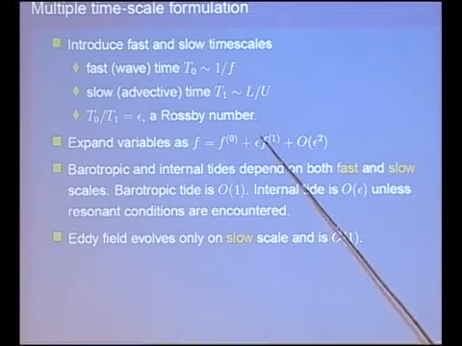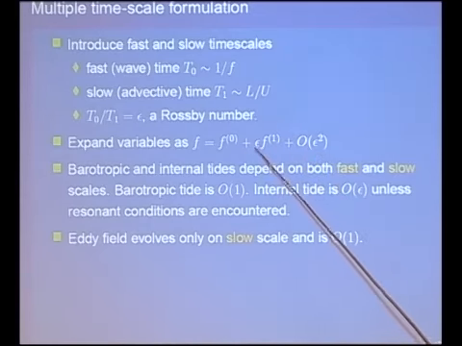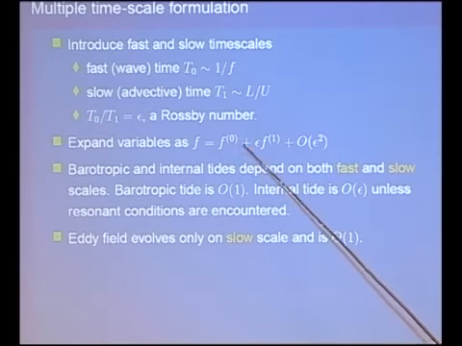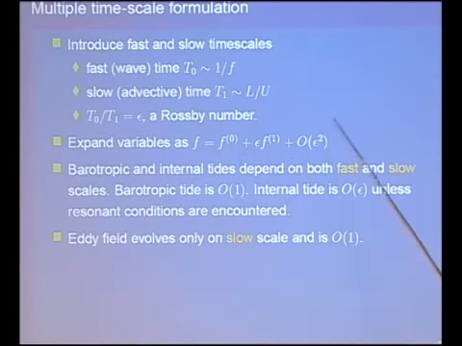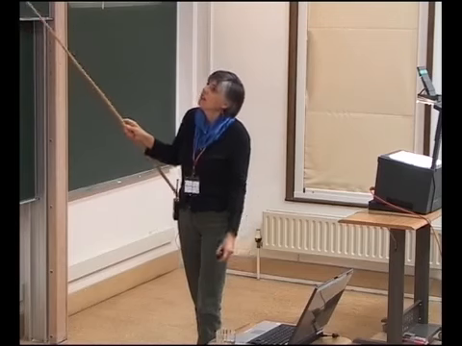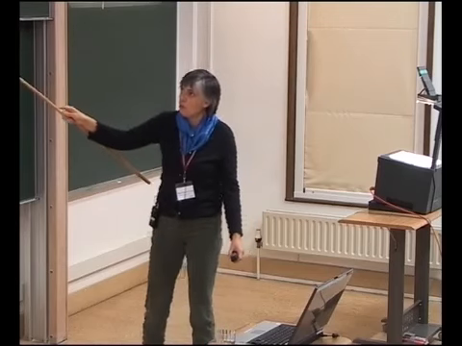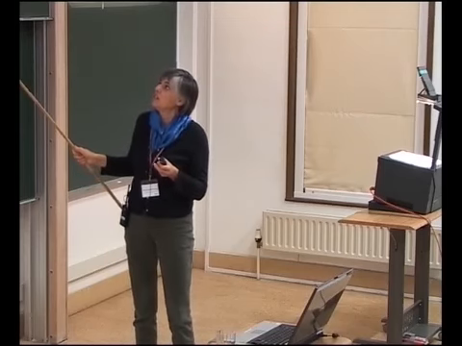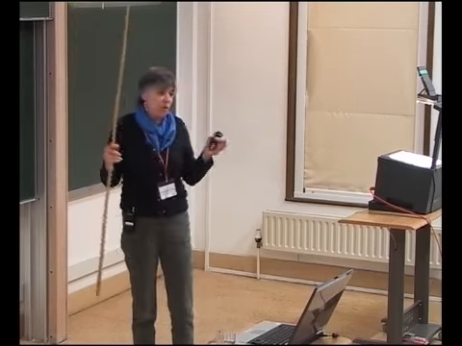And we can define a Rossby number to be the ratio of those two time scales, and then in the usual fashion we'll just expand all variables as a series in epsilon, like so. And so the tidal signals, both barotropic and baroclinic, will depend on the fast time scale as well as the slow time scale, whereas the eddy field will only evolve on the slow time scale.